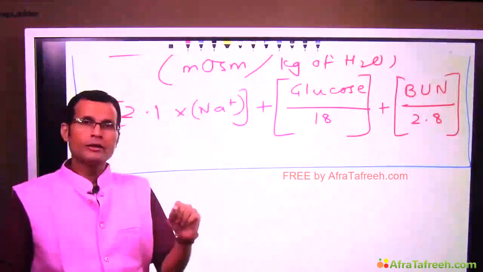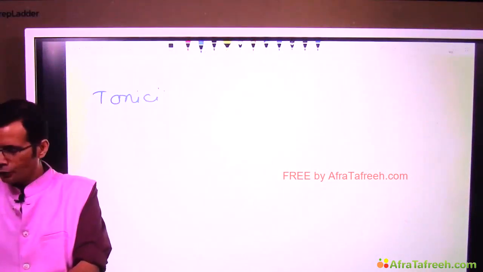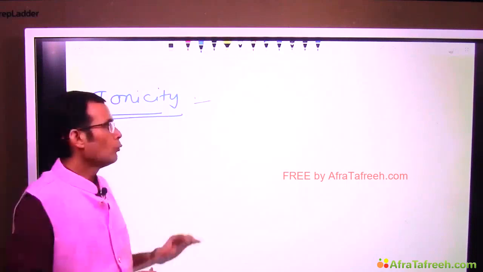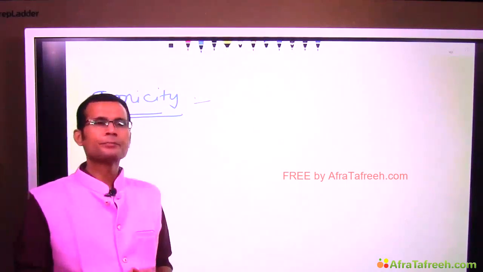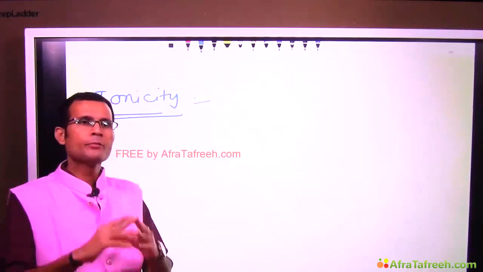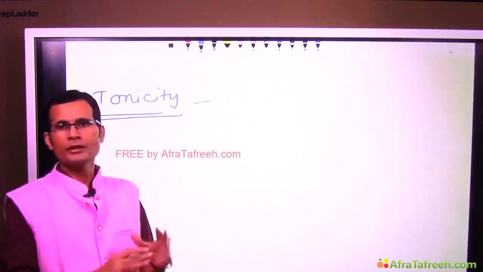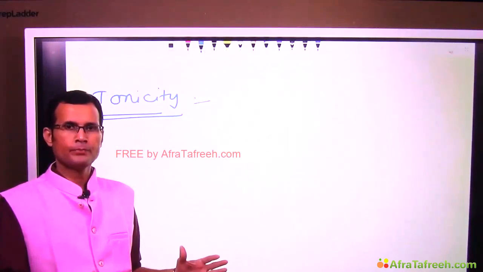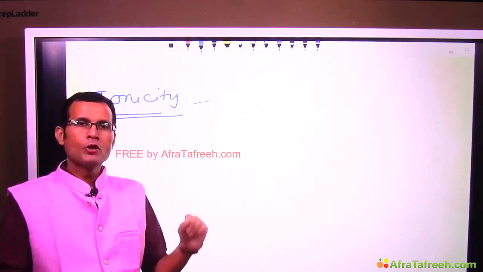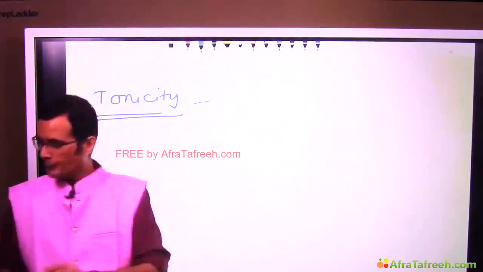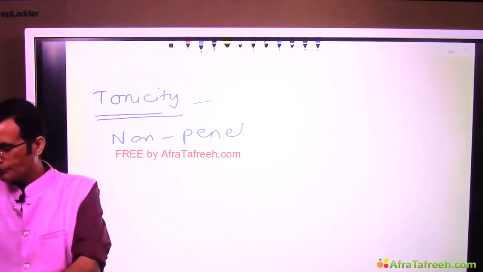Now coming to the tonicity. What is the difference between osmolality and tonicity? While calculating osmolality or osmolarity, the osmoles of all the solutes will be considered. While calculating tonicity, we will only take non-penetrating solutes.